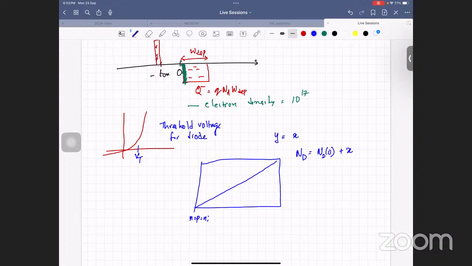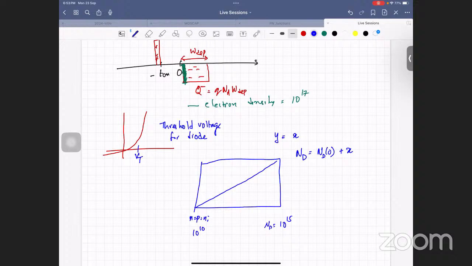We have to give some numbers here, otherwise it becomes difficult. At x equal to 0, it is 10 power 10 electron-hole pairs. At x equal to 1, I want Nd equal to 10 power 15.